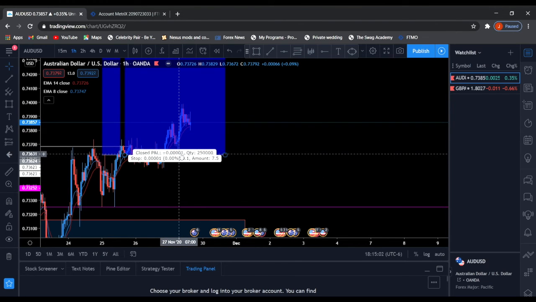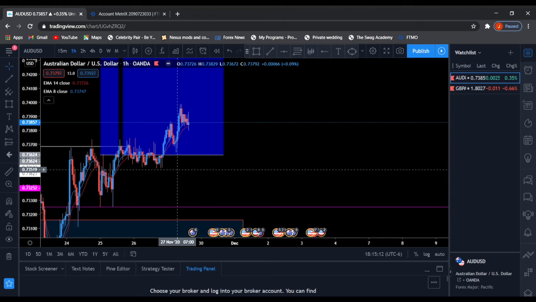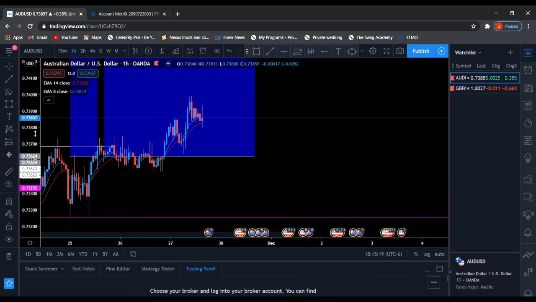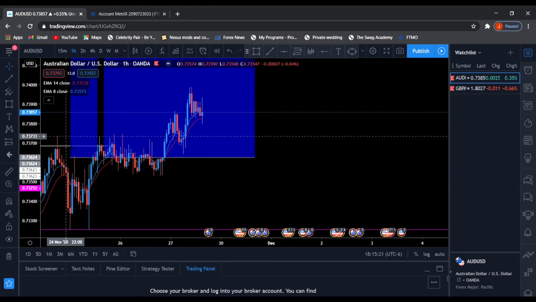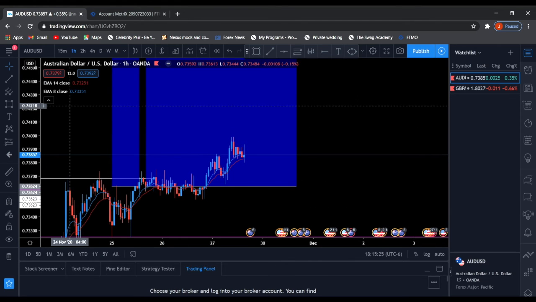So both my stop losses were in profit. So both of these were risk-free trades too, because I moved it to the next higher low. So both my trades were in profit. So I wasn't worried about my trade hitting stop loss, because they were both in profit, so I was gonna make money regardless.